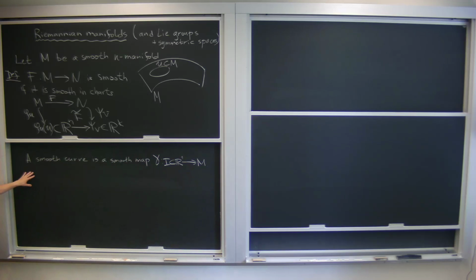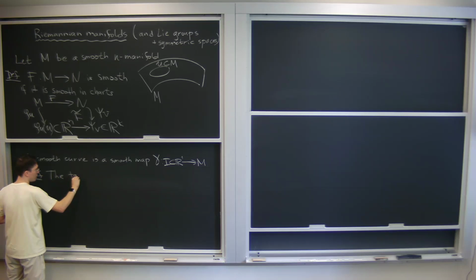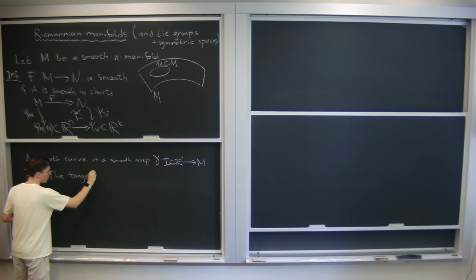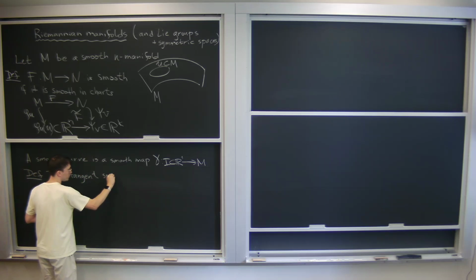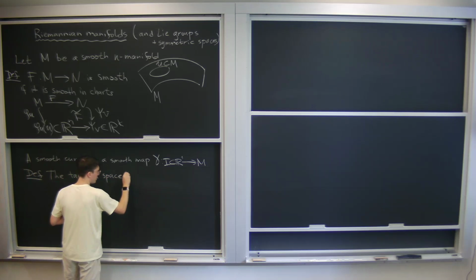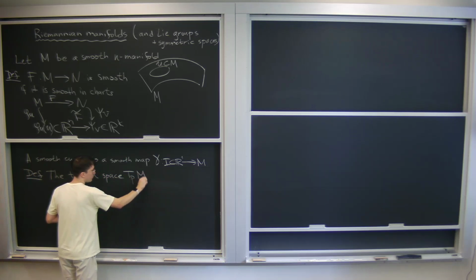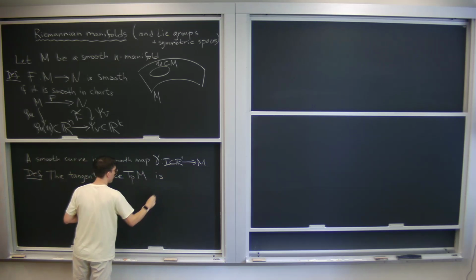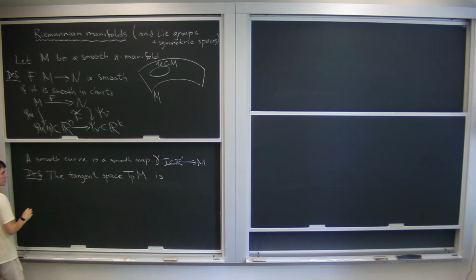And in fact, we can define the tangent space. Another definition is that the tangent space, which I will denote as TPM, is the set of equivalence classes of velocity vectors.